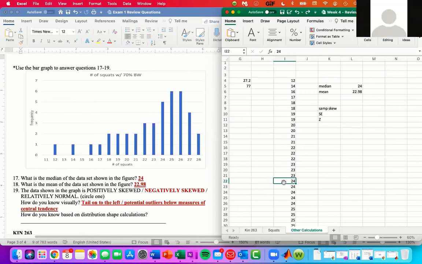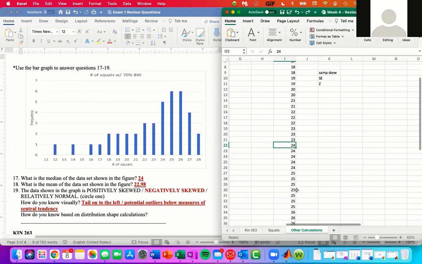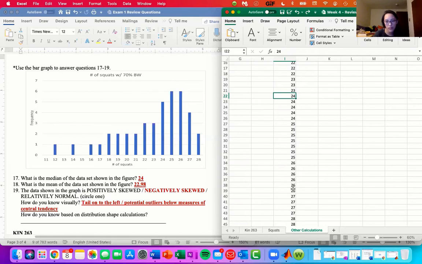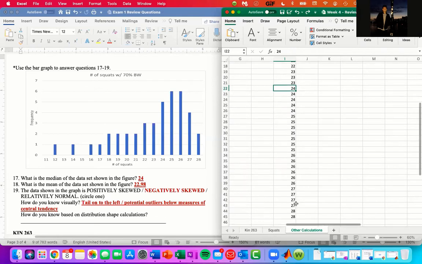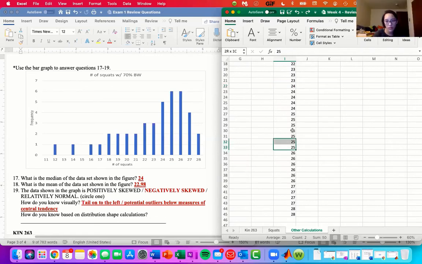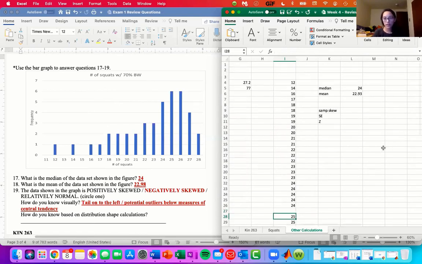I got 24 for the median too. Oh, you put 7 25s. Did I? 1, 2, 3, 4, 5, 6. Ah, that's where it is. Okay. See, teamwork makes the dream work.